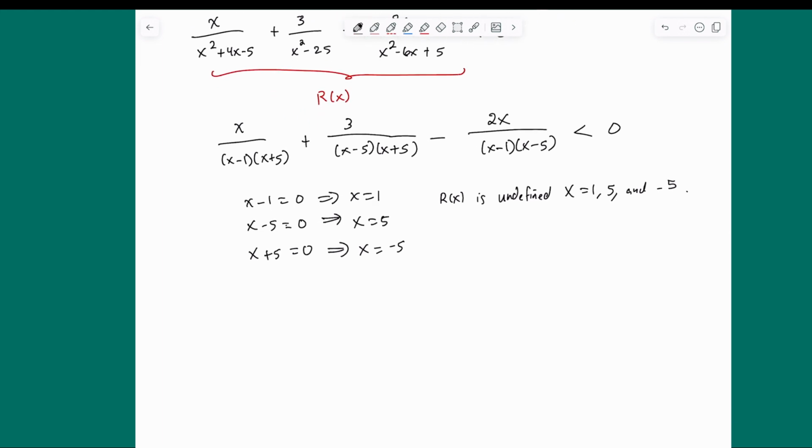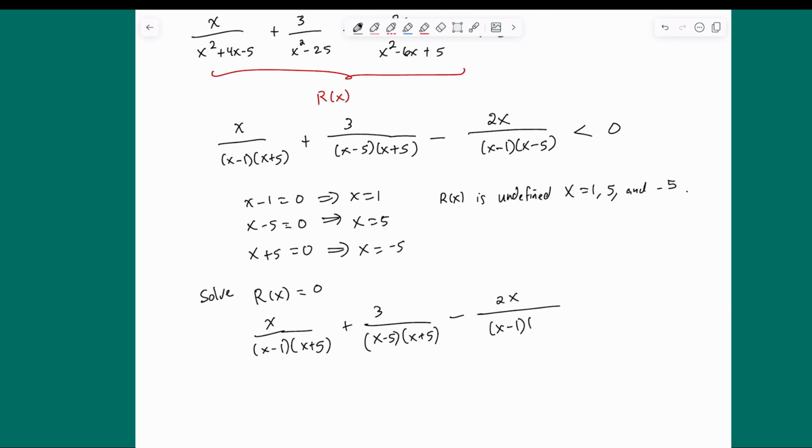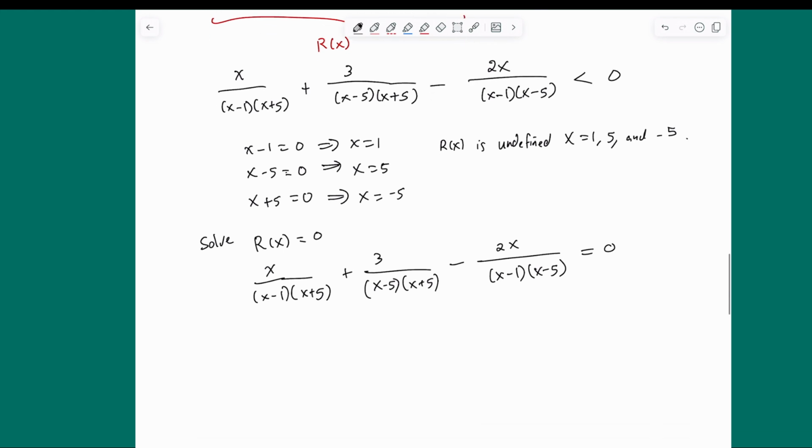Okay, so the next step is to find the zeros of the rational function. So r of x equals 0. All right, so we have x over x minus 1 times x plus 5 plus 3 over x minus 5 times x plus 5 minus 2x over x minus 1 times x minus 5 equal to 0.